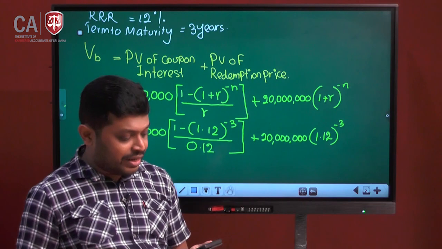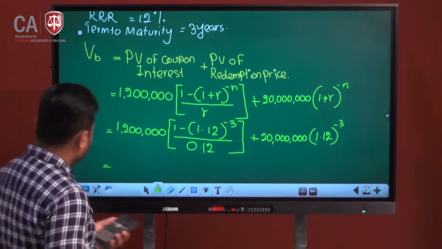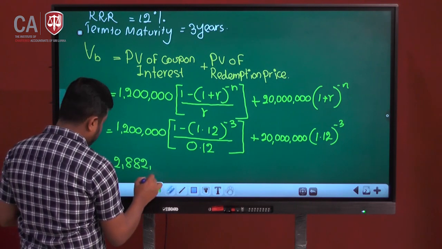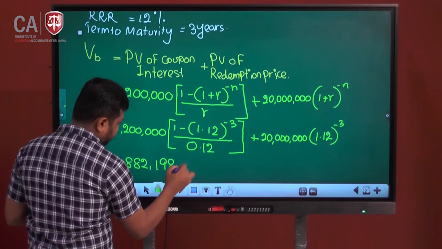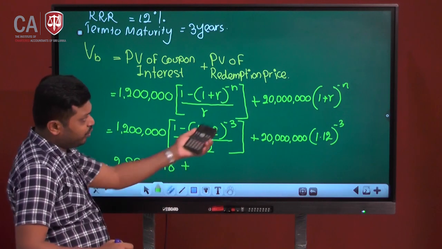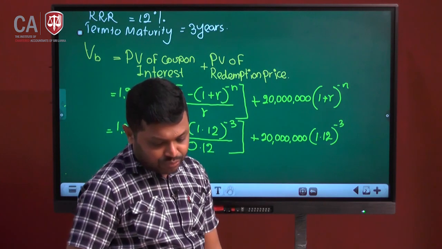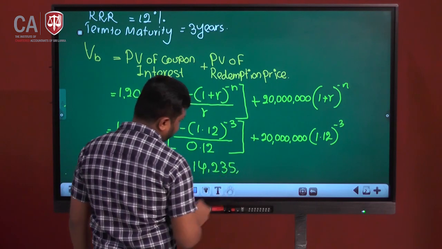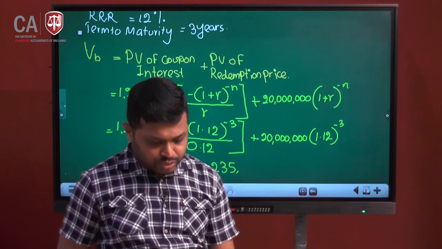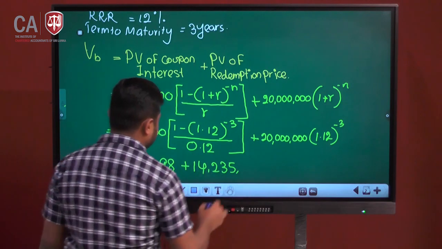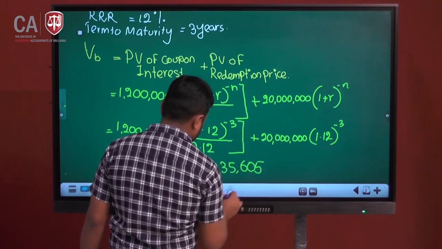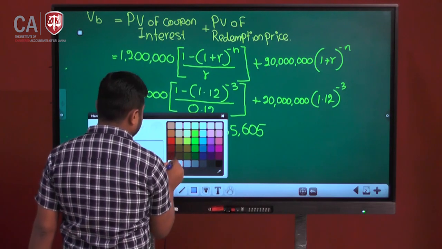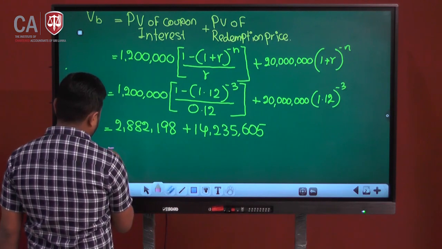It is 2,882,198, plus 20 million into 1.12 power minus 3, that is 14,235,605. Then you will receive the final answer.